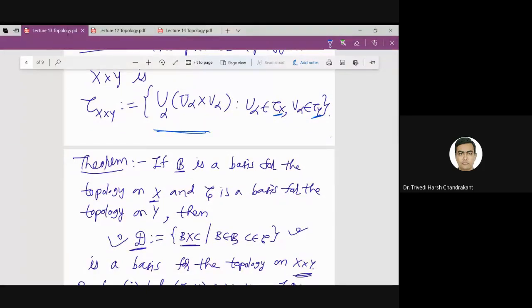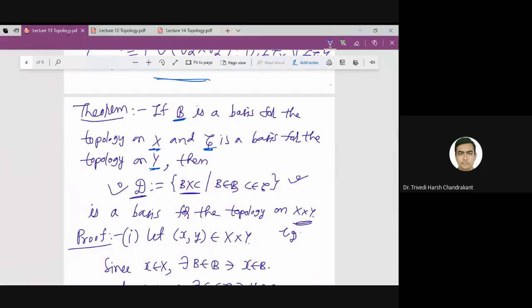On the other hand, if I have a basis for the topology on X and a basis for the topology on Y, then I will get another basis on X cross Y. So instead of taking U cross V, where U and V are elements of tau X and tau Y, we are taking B cross C, where B is a basis element on X and C is a subset of Y which is a basis element.